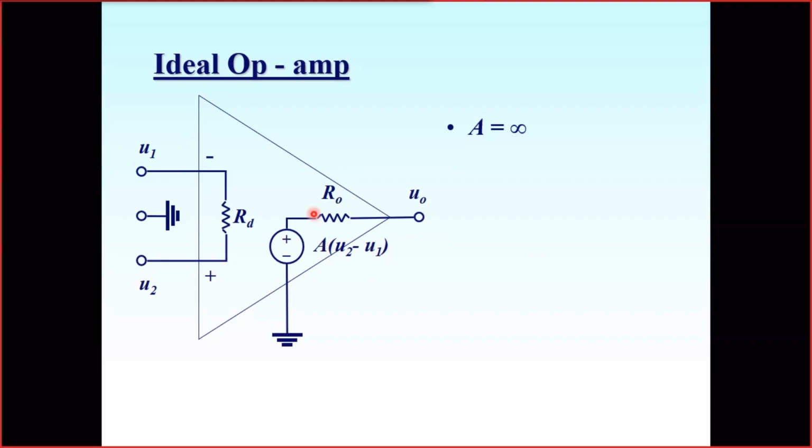Of course, you may immediately ask: does it mean the output voltage will be infinite if the amplification is infinite? Generally, the answer is no. What happens is that when the difference between inputs is high enough, the output voltage is close to the power supply, so then the output voltage doesn't change anymore.